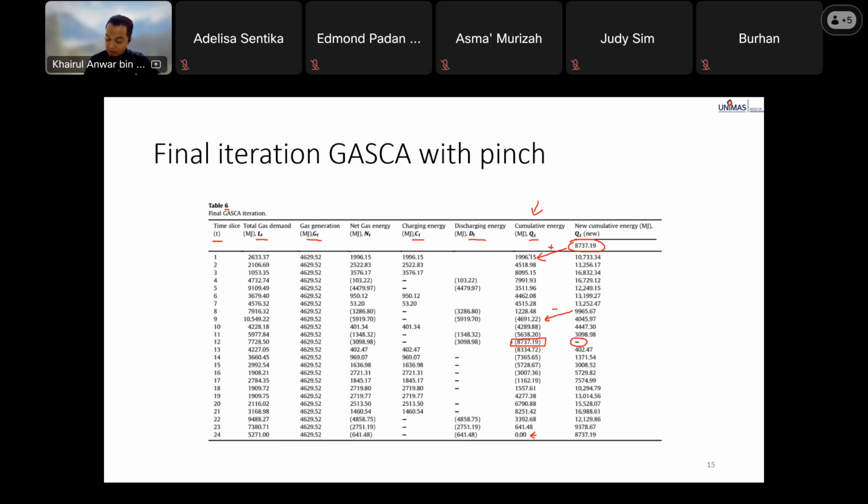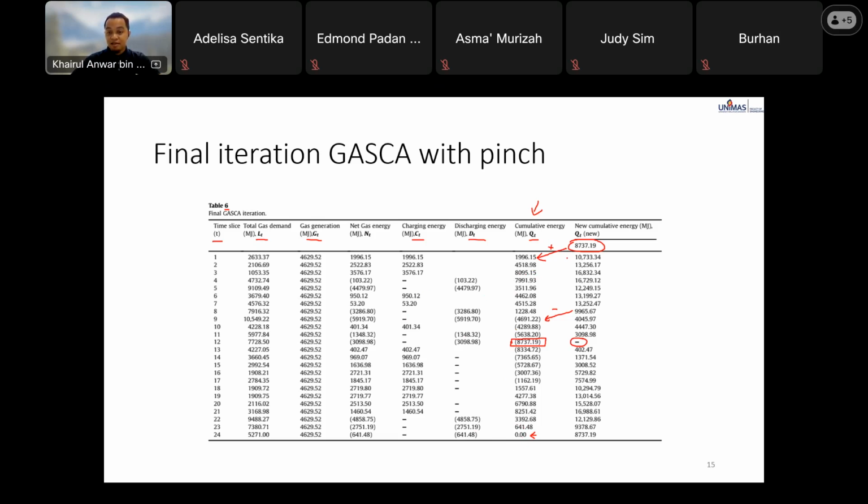Yeah, correct. 1966 plus 52, so you get 4518, plus 2576, and so on. So this is the first cascading until the end. So the end is 0 then. You see?